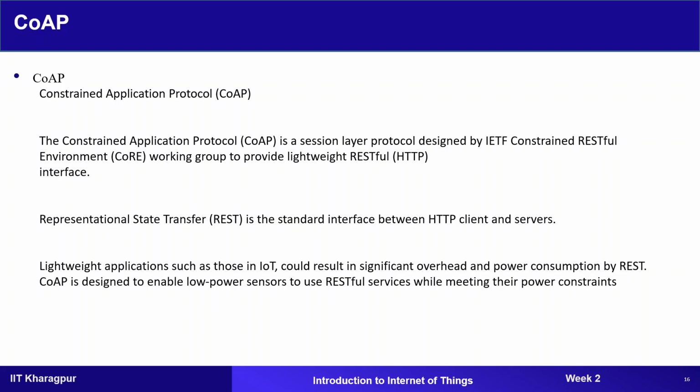So all the services under REST are not accessed by IoT devices. That's why the IETF developed the COAP protocol. It is used for lightweight applications and prevents the overhead and power consumption caused by REST. COAP is designed to enable low power sensors to use RESTful services while meeting their power constraints.